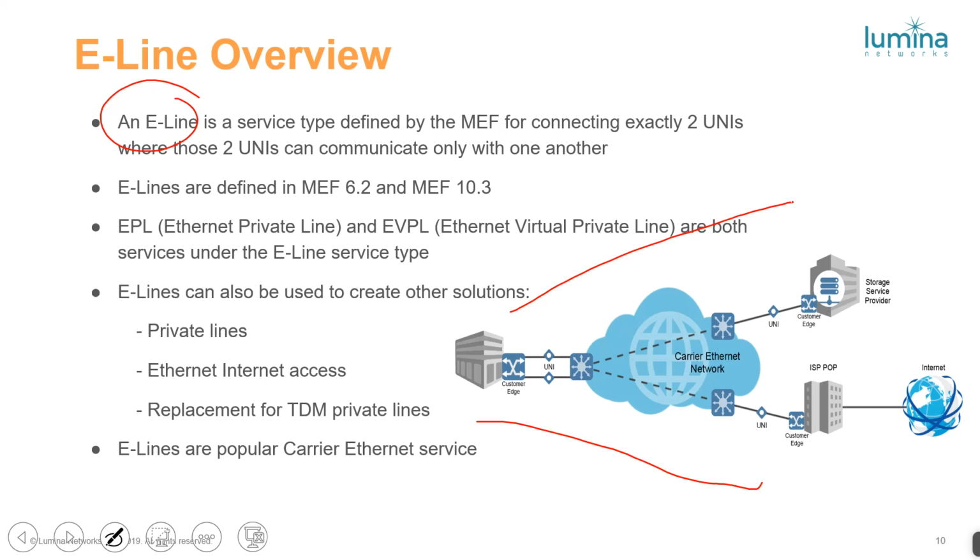There are multiple use cases, but these are typically the business offerings that service providers offer to their customers. E-line is also known as Ethernet private line or Ethernet virtual private line, and these are popular services by carriers.